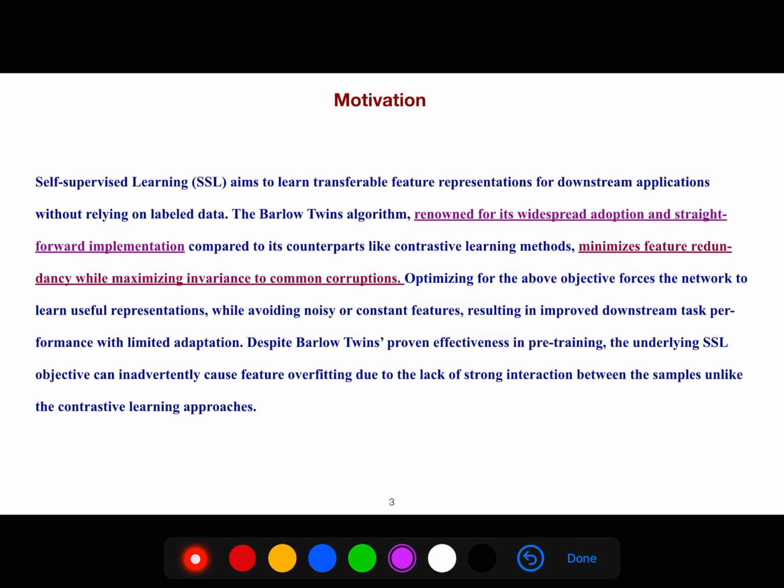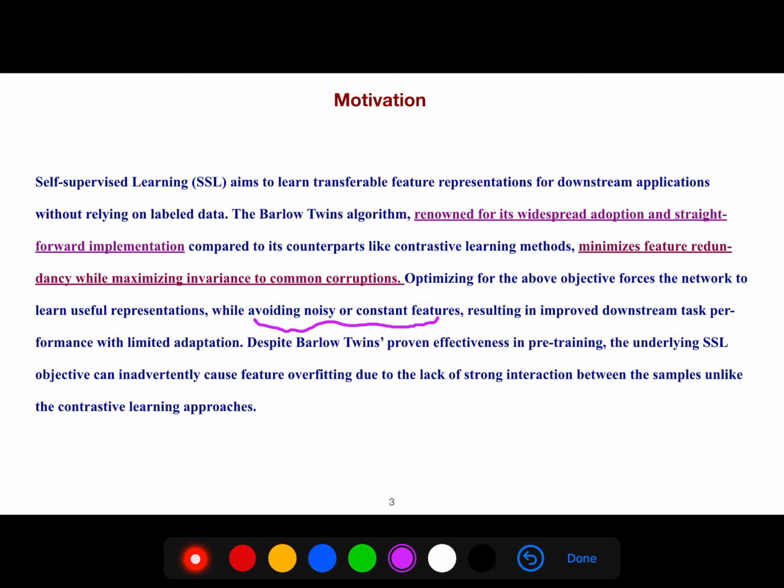Optimizing for the objective forces the network to learn useful representations while avoiding noisy or constant features, resulting in improved downstream task performance with limited adaptation.